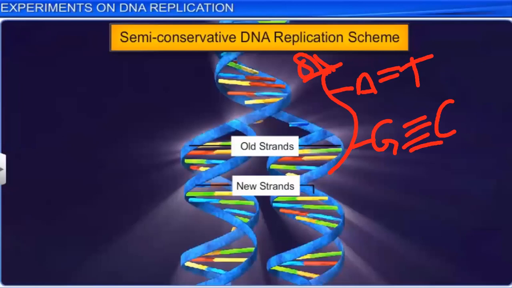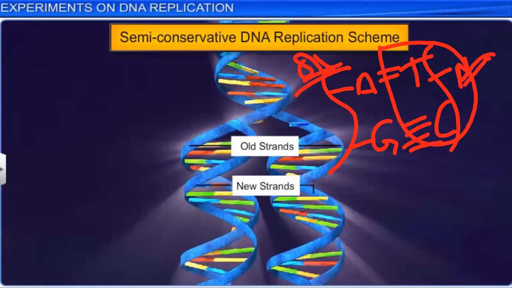Since they obey complementary pairing, one strand is old and the new one is made on the basis of complementary pairing. That's why this is known as semi-conservative. Semi means half. Semi-conservative means one strand is always old and the other strand is always new. This is known as the semi-conservative nature of DNA replication.